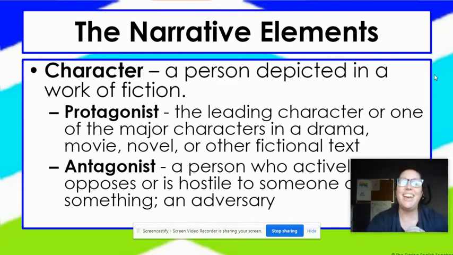But an antagonist usually tends to be hostile to the main character, like maybe an enemy, someone who contradicts or is opposite of the main character. So in your story, you need to have a protagonist. Who's your story going to be about? And you also need to have an antagonist, somebody who's going to come into conflict with your main character.